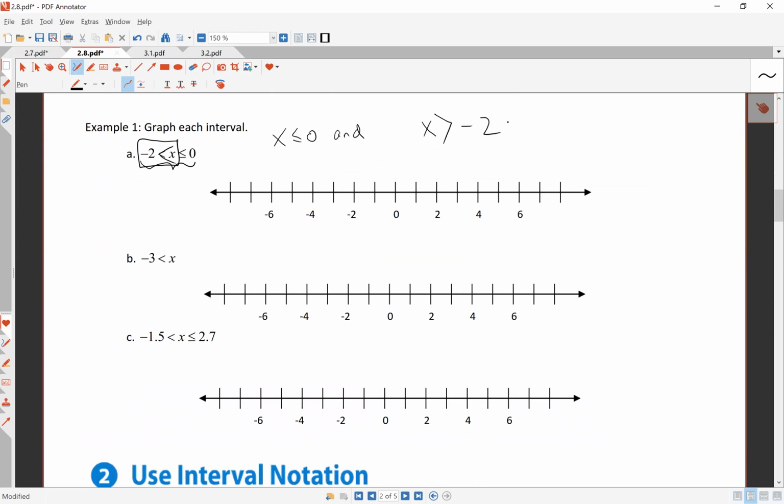So it's everything greater than negative 2 and less than or equal to 0. That's the graph of that interval. Again, notice the parenthesis for the greater than and the less than or equal to gets a bracket.